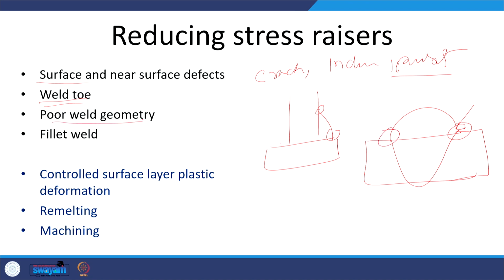Poor weld bead geometry means either the weld surface is very rough, or the reinforcement is too high, or it is low, like the underfilling case.